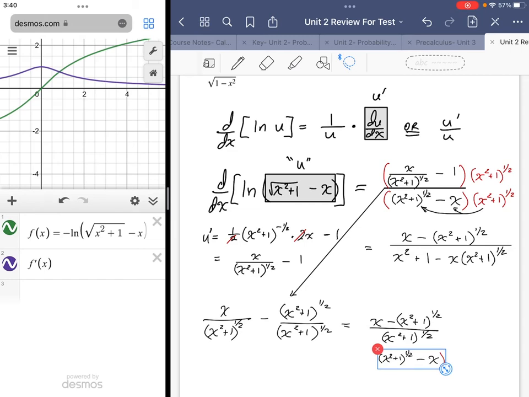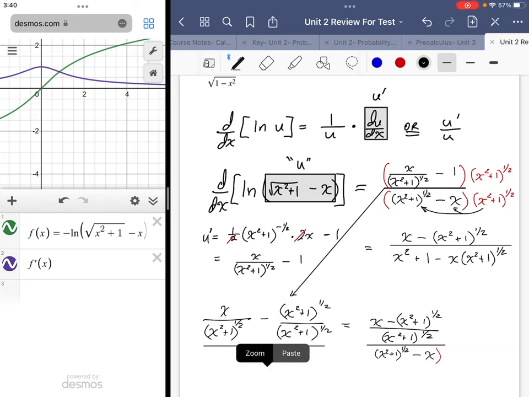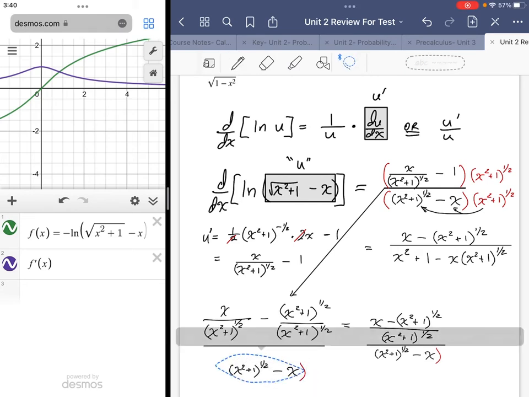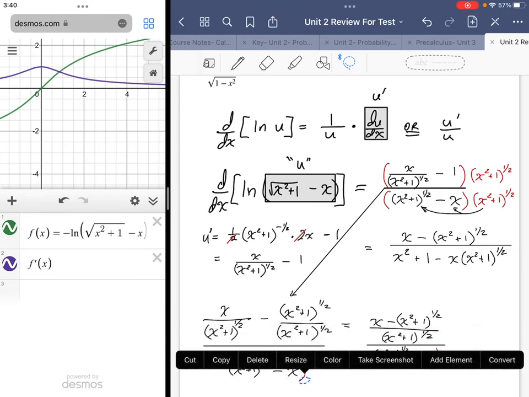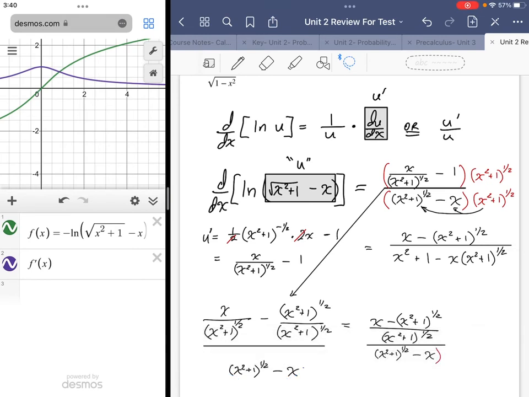You'll notice that the numerator of the numerator is the exact opposite of the denominator. So that's actually kind of a nice thing, but maybe you figure that out before you try something else. I kind of had to run into a brick wall here before I realized it.